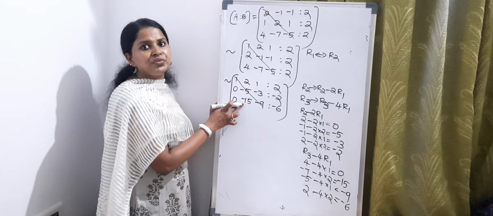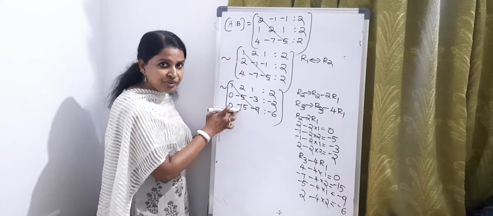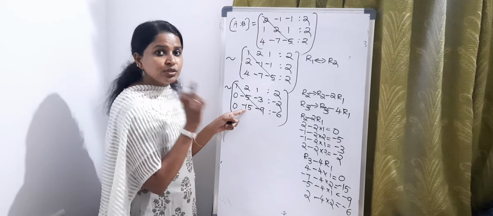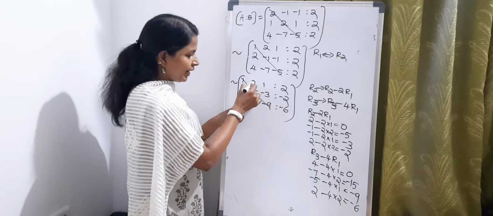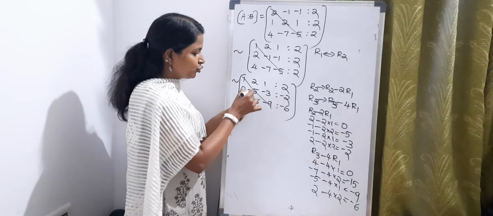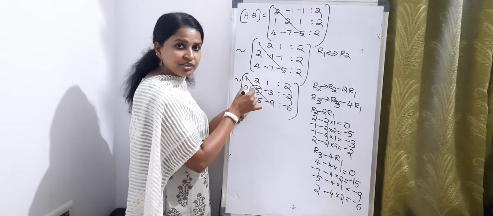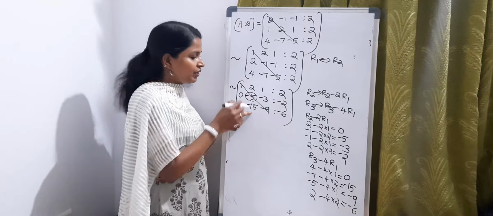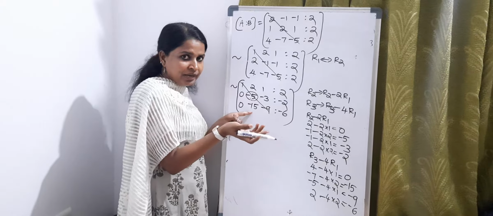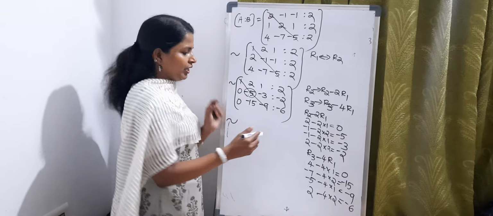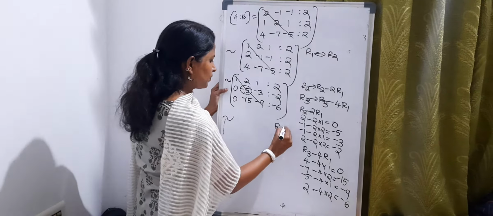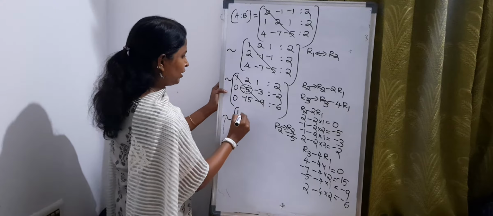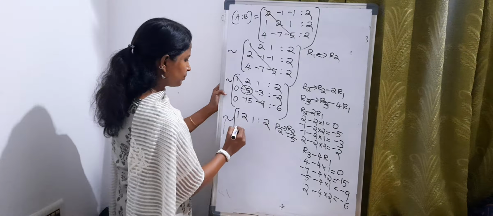Then this is the diagonal. One more place has a non-zero number, minus 15. So we convert this minus 15 to 0. First we convert the diagonal element in that column, this place, to 1. That is, divide by minus 5: R2 gives R2 by minus 5. R1 is 1, 2, 1, 2.